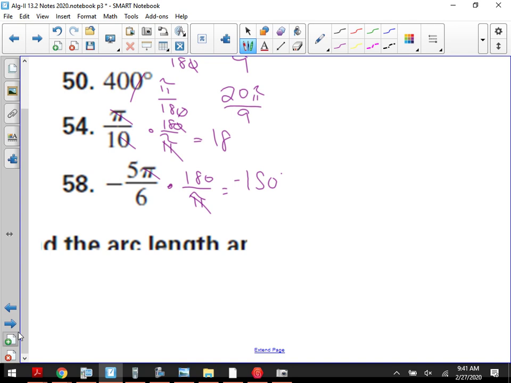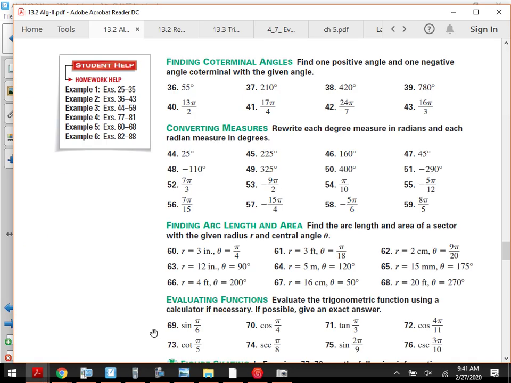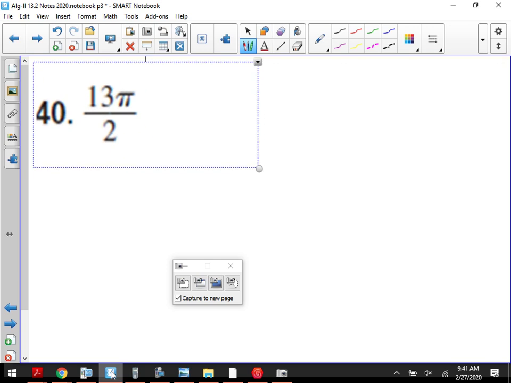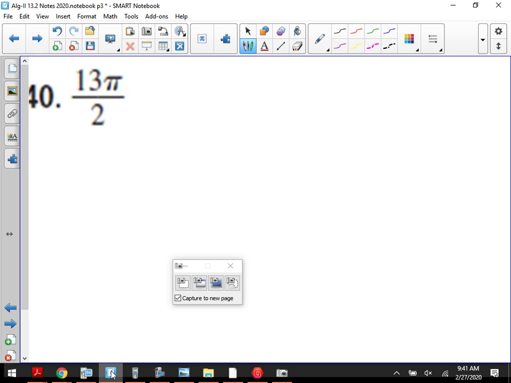Yes, good question on number 40. All right, so let's look at it. 40 is a positive, negative coterminal. This one is beyond one full revolution.